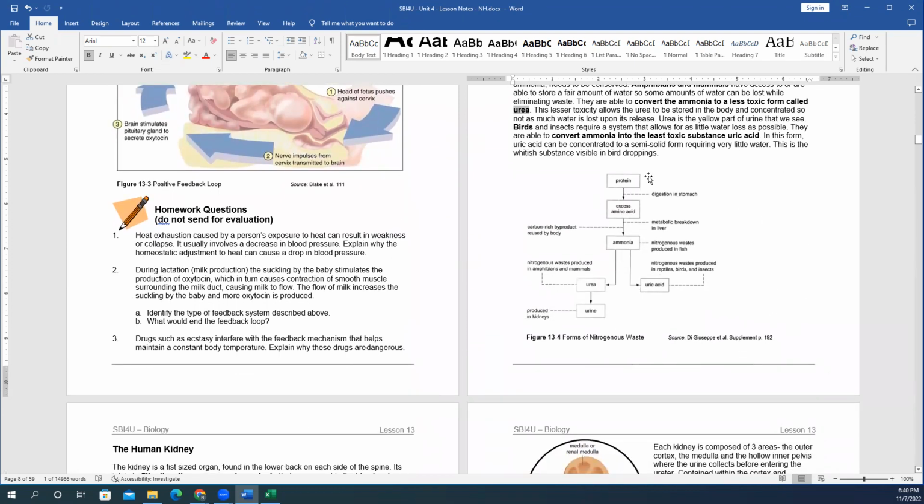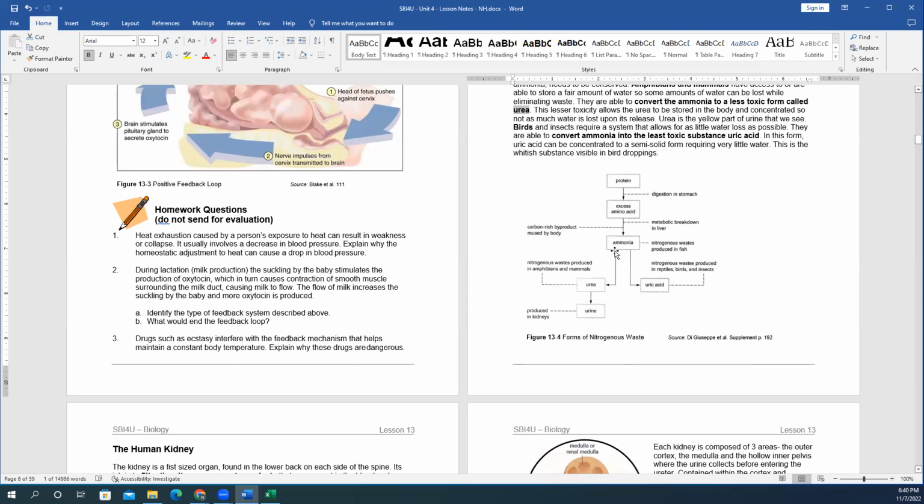And just in this diagram here, it's a summary of the various forms of nitrogenous waste. So starting with proteins that get digested in the stomach, you have excess amino acids, which may then go through metabolic breakdown to produce carbon-rich byproducts that get used in the body to make carbohydrates.